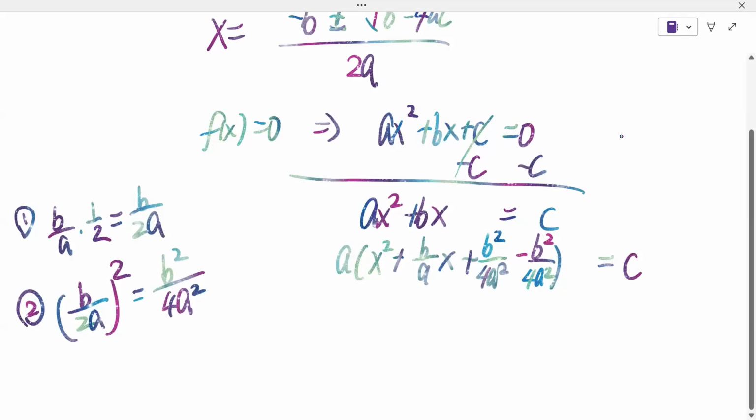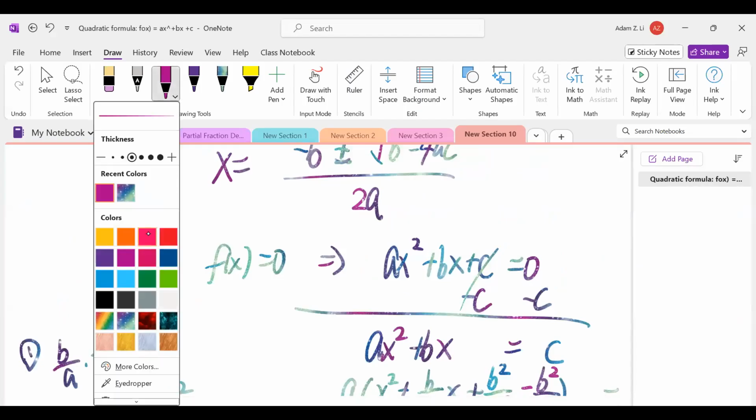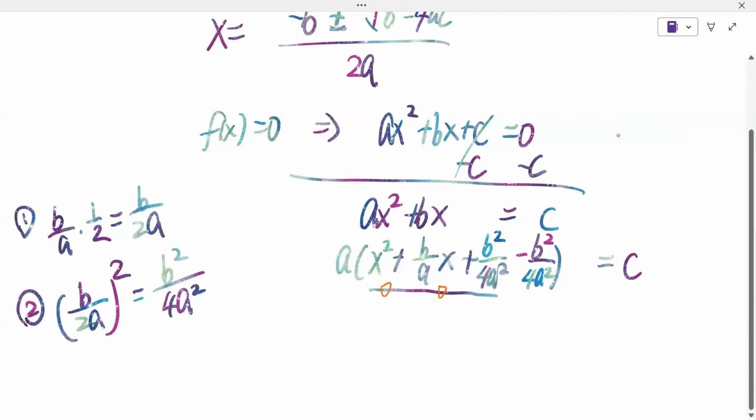Okay, now the first three terms, that's what we need, right? We're going to keep them. I'm going to change the color very quickly. Now we keep the first three terms. That's a perfect square. We're going to distribute this, move it outside, to the right hand side.